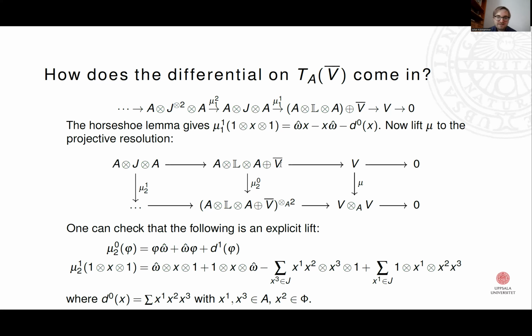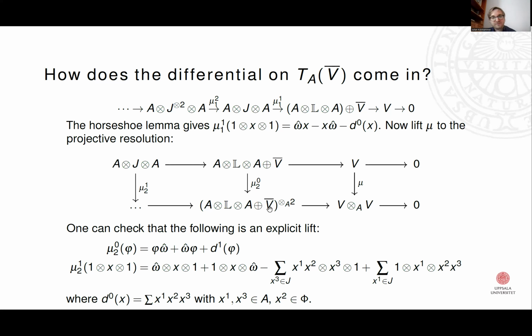Now we want to choose a lifting of this mu to some map here, and we can prove that the following is a lifting. So mu2 of phi, where phi is one of the elements of V bar, is just phi tensored with omega hat plus omega hat phi plus d1 of phi, where d1 is this map from V bar to V bar tensor V bar.